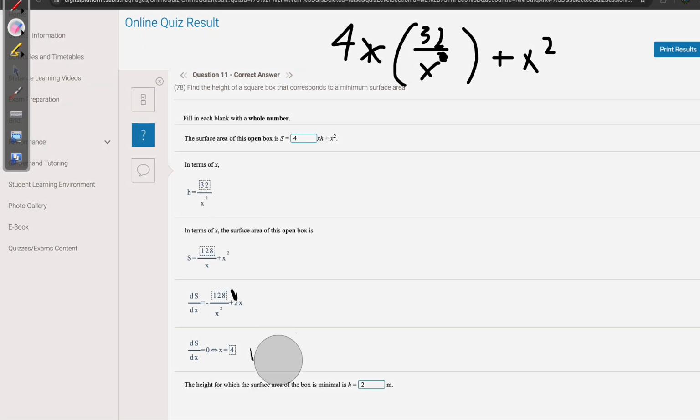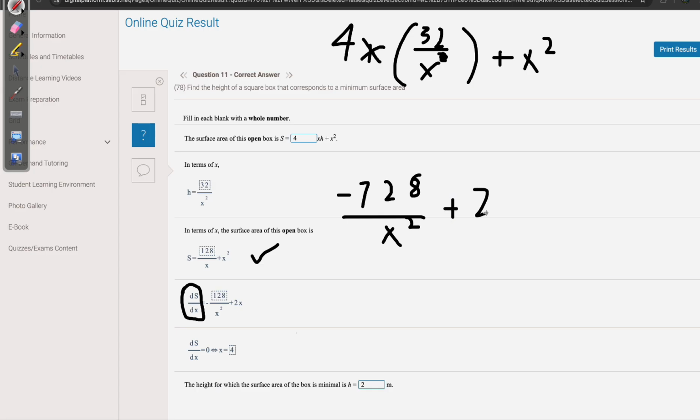For the next part, we're going to need to derive, because we know that by ds by dx, simply use this: negative 128 over x squared plus 2x. Now for this, just equate it to 0.